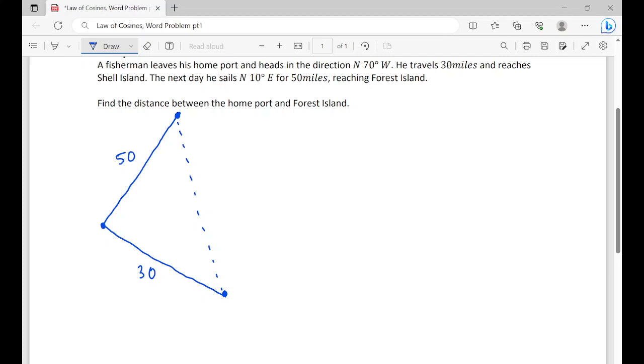That means if we're looking at this as a north and south here, that this is like a 90-degree angle here. Well, 70 degrees north, 70 degrees west means from here to here is 70 degrees.